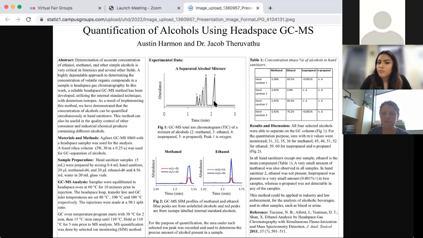The results also showed that all 4 hand sanitizers contained about 0.4% methanol, and what's interesting is that was not advertised on the label. Hand sanitizer number 2 was claimed to have 0% ethanol. The active ingredient was benzalkonium chloride, but we did find it had a very small amount of ethanol, 0.8%.